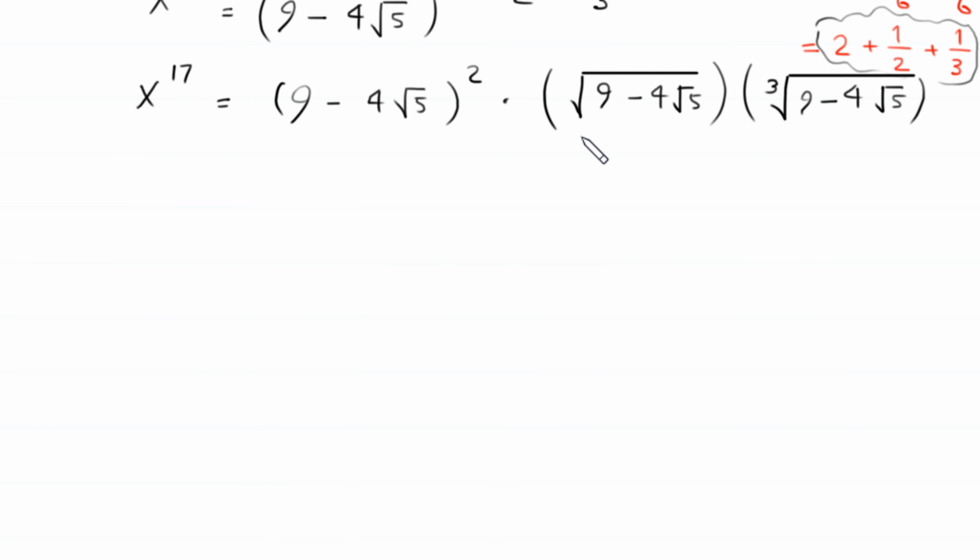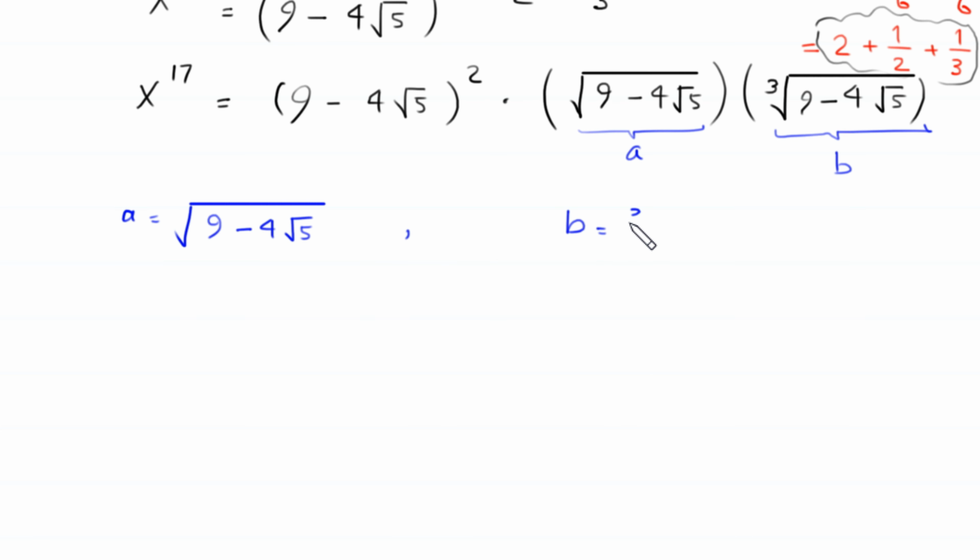So we suppose that this expression is equal to a and this expression is equal to b. Like this, a is equal to the square root of 9 minus 4 times root 5 and b is equal to the cube root of 9 minus 4 times root 5.